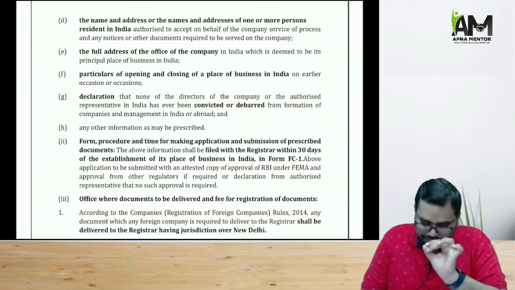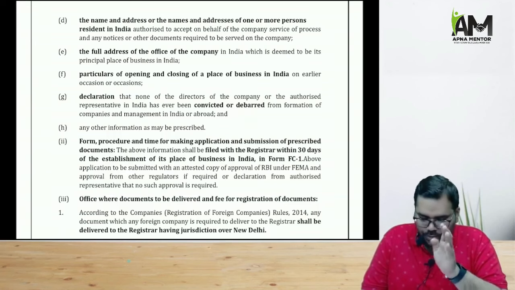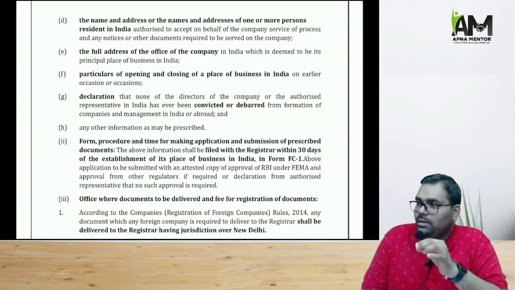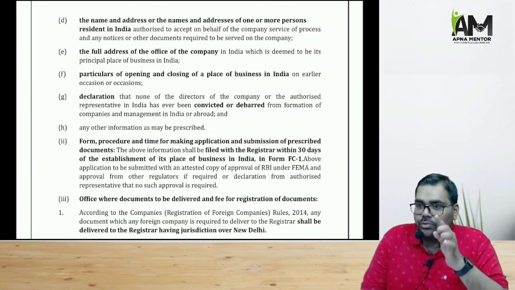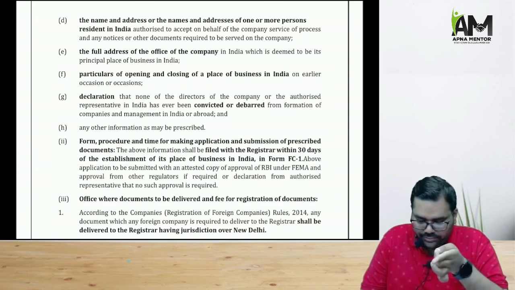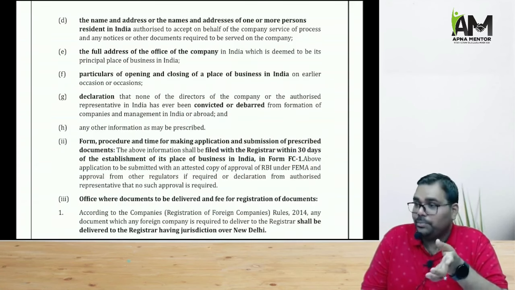Authorized representative means that person whom the company is authorizing as a resident in India to receive the documents and all. So a declaration that neither their director nor their authorized representative has been convicted or debarred from forming companies in India or abroad.